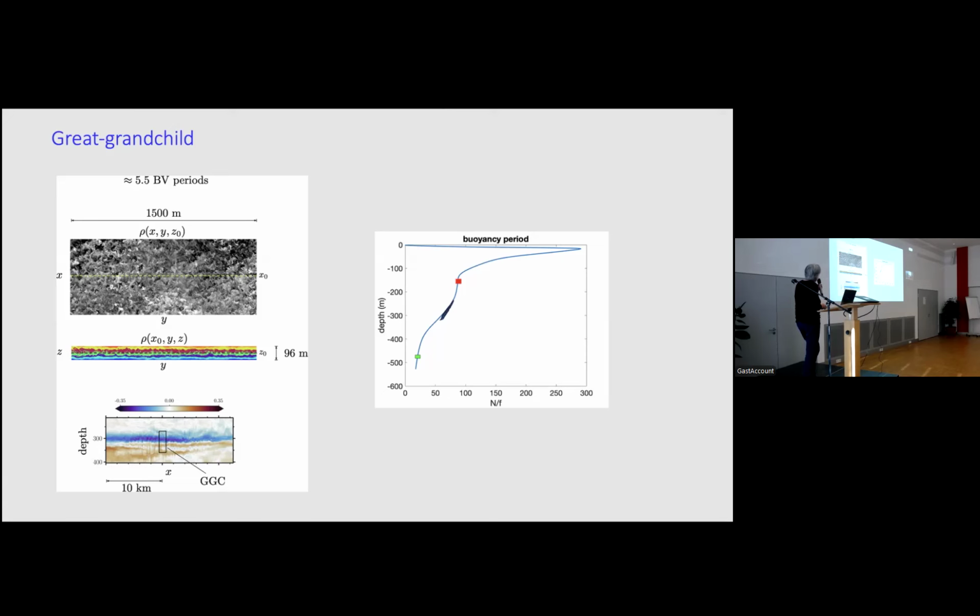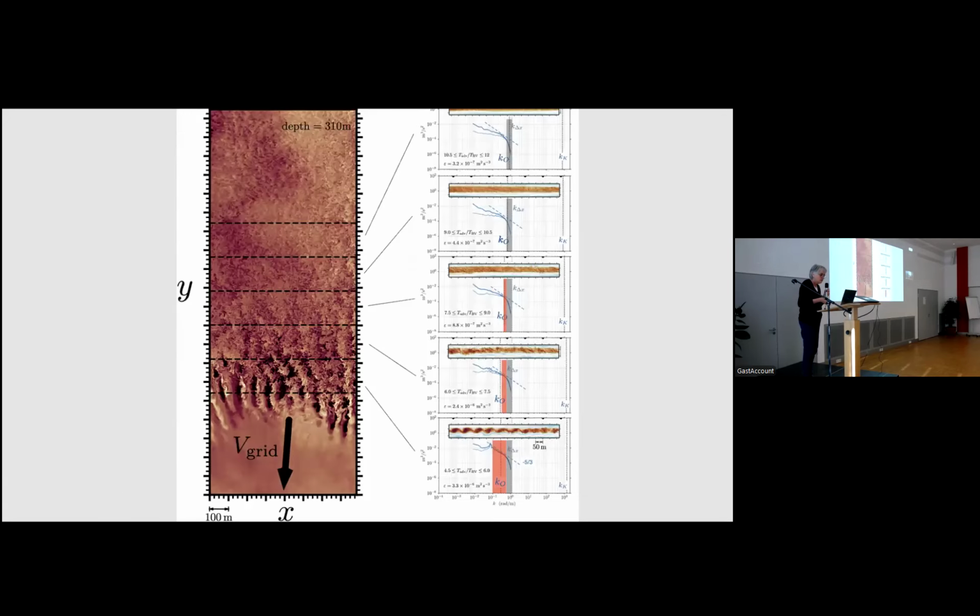I have to explain this picture, because our grid is moving, and as it moves, it encounters fluid from the grandchild simulation that is coarser, so all the small scales are missing.